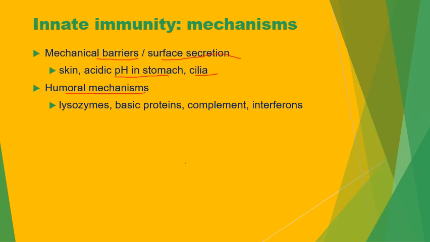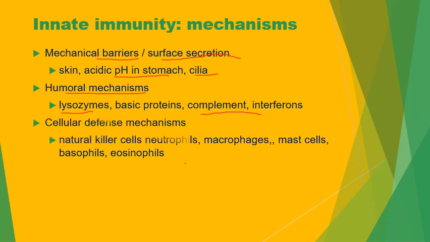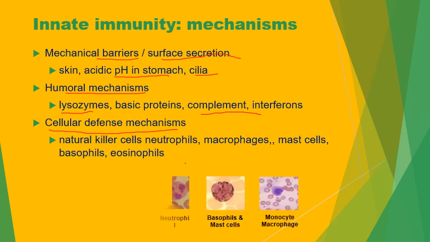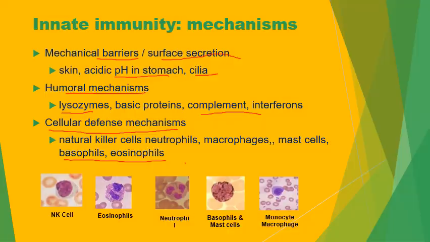Lysosomes, basic proteins, and complement interferons are responsible for this mechanism. Mechanism number three is the cellular defense mechanisms. Natural killer cells, neutrophils, macrophages, mast cells, and basophils are responsible for this kind of mechanism.